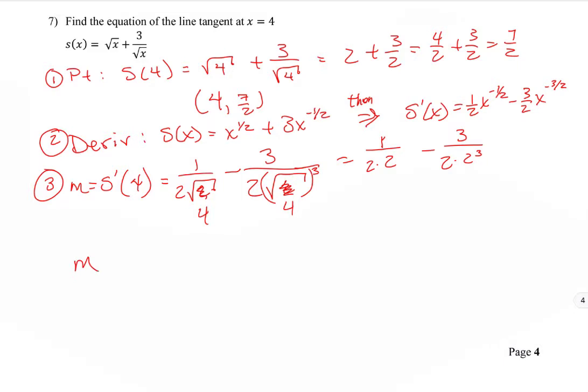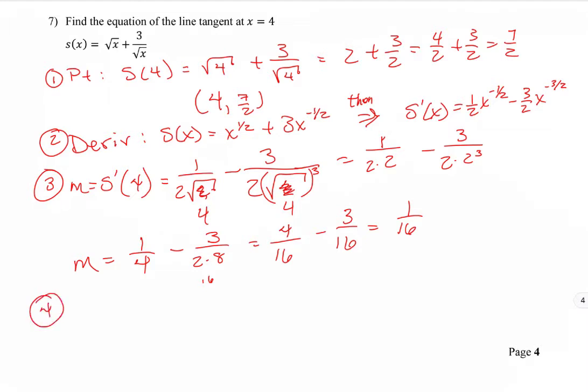So my slope equals 1/4 minus 3 over 2 times 8. So this is going to be 16. So that's going to be 4 over 16 minus 3 over 16. So that equals 1/16 is my slope.